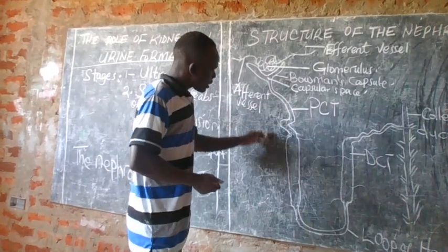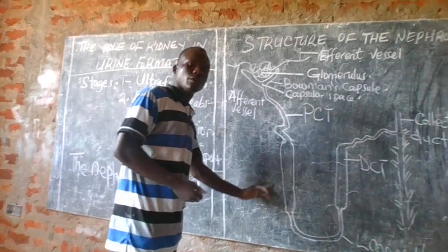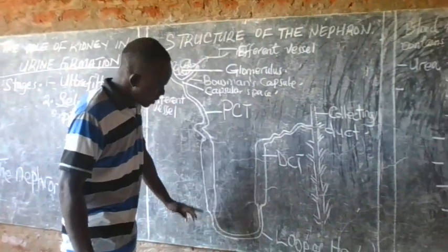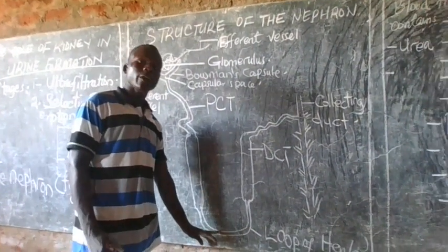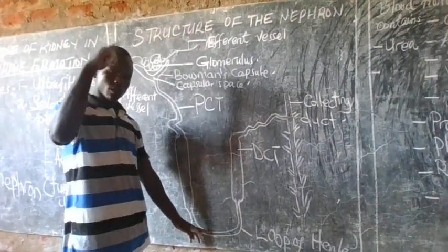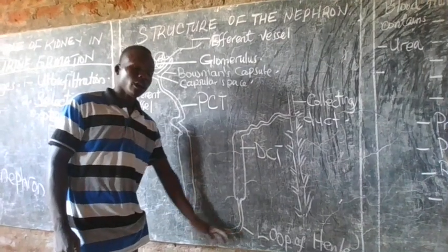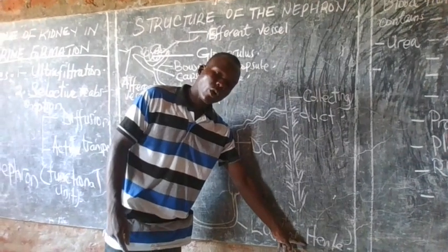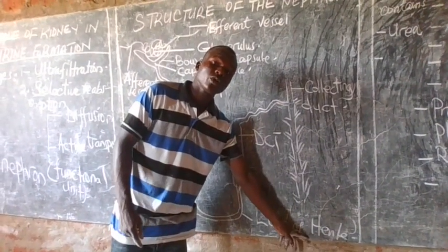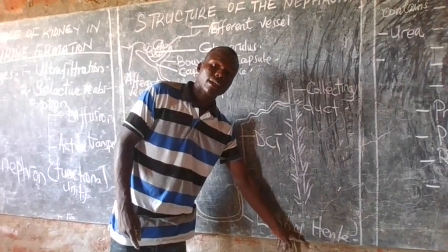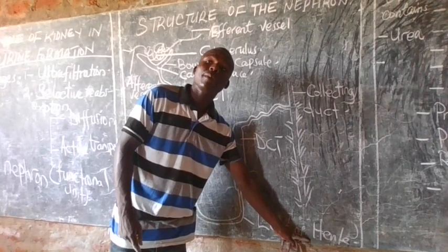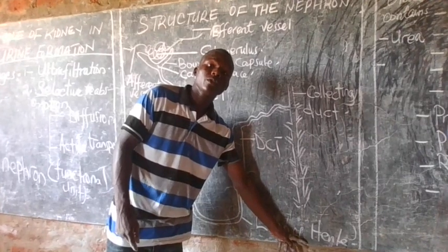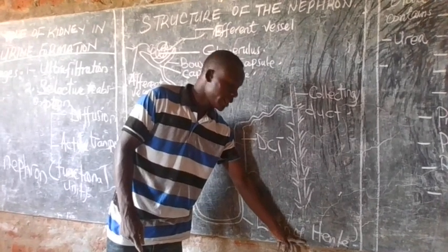Then as we descend down, we find the proximal convoluted tubule. And here we find the loop of Henle. It forms a loop, so we call it loop of Henle. When you're writing Henle, you write it with a capital letter, reason being it is the name of a person, so we write in honor of him with a capital letter.